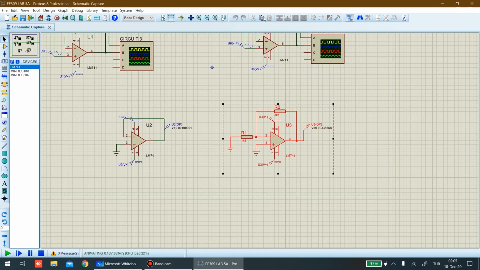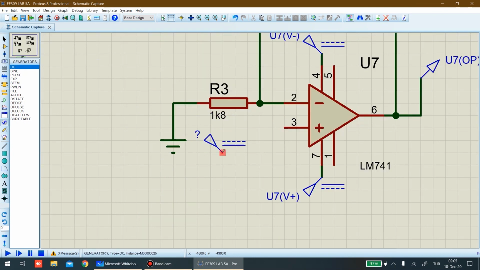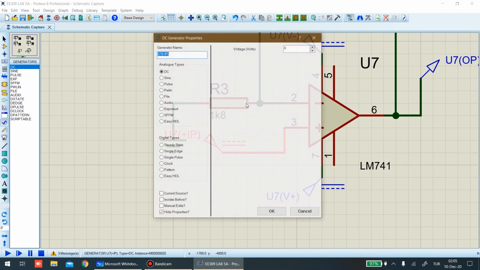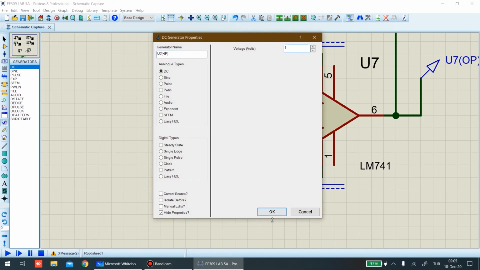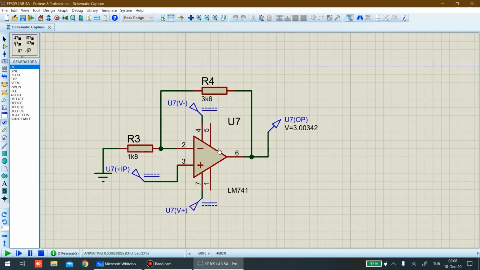And maybe another example. Let's take 1 volt. And here we should see 3 volts at the output.